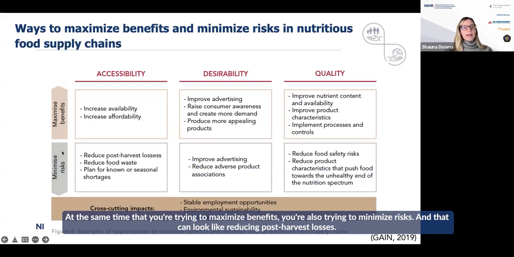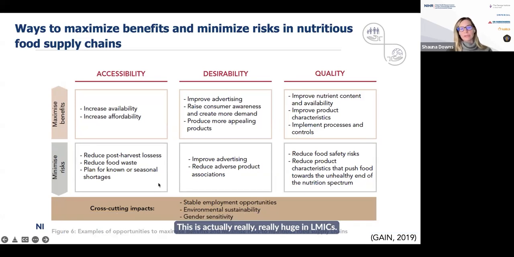At the same time that you're trying to maximize benefits, you're also trying to minimize risks. And that can look like reducing post-harvest losses. This is actually really, really huge in LMICs.